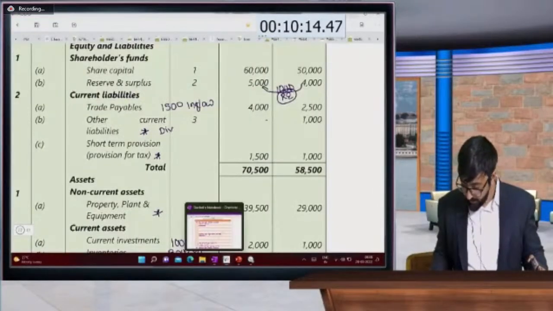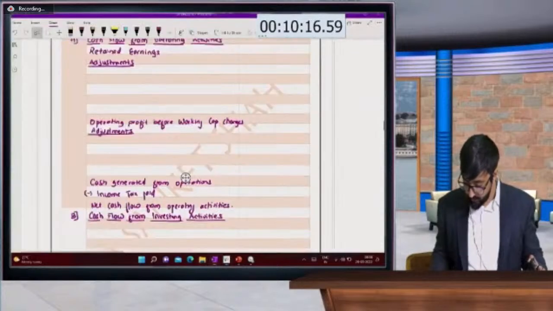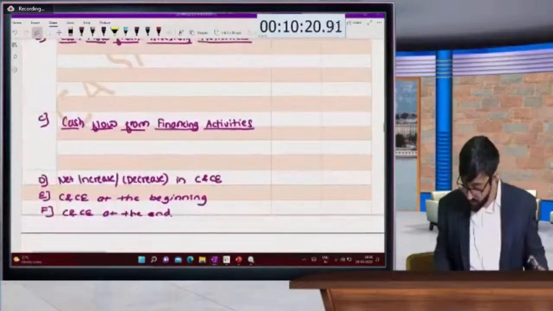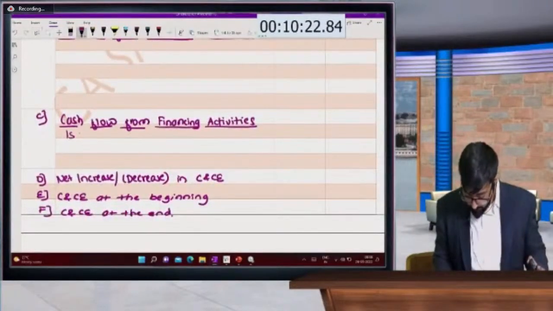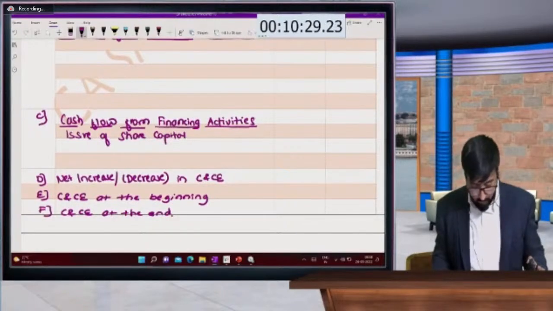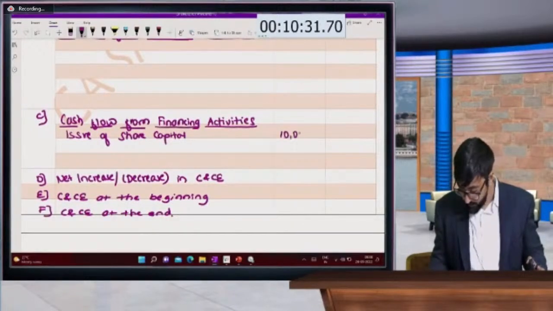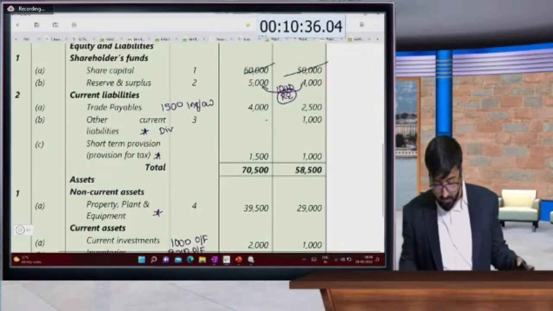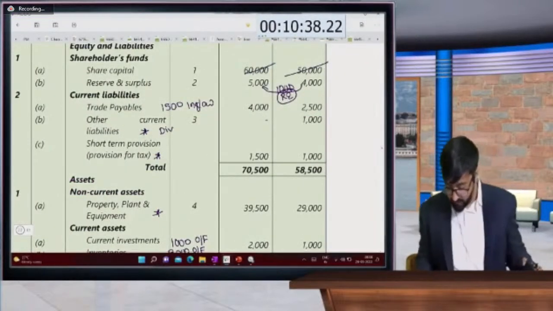Share capital increase. So issue of shares in financing activity, no need of working note. Issue of share capital, 10,000. Reserves and surplus increased.